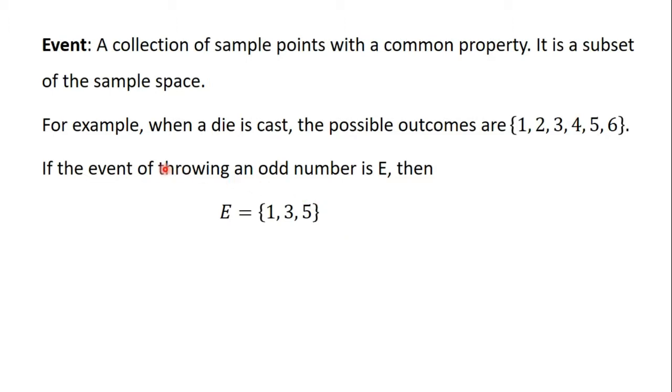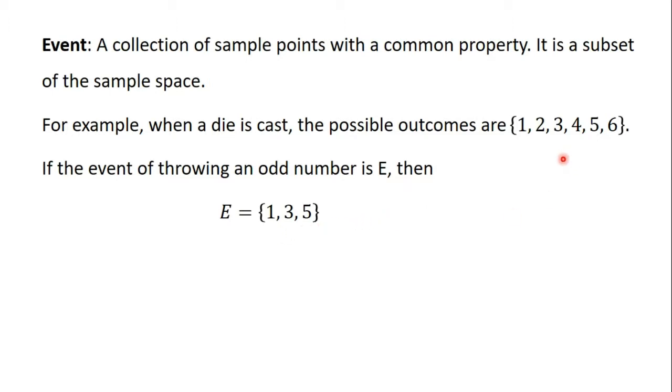So the event of throwing an odd number, which is E, is the collection of odd numbers in this sample space. That is why we say that an event is a subset of the sample space. So when you have a sample space and you collect some of the members in the sample space, that is the sample points. When you collect some of the sample points using a common property, that collection is referred to as an event.